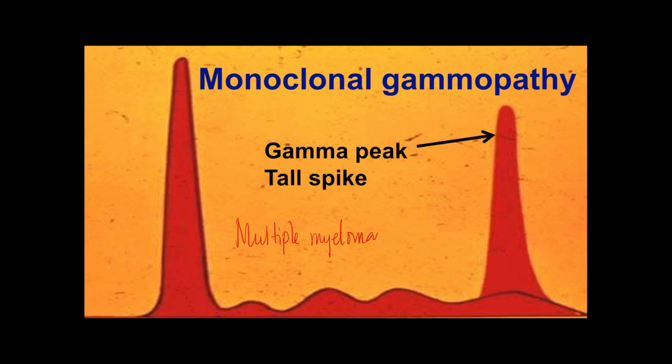So they are increased in numbers. That's why you can see an increased gamma region in the electrophoretic pattern. And another one, when we say monoclonal gammopathy, that indicates the secretion of exactly the same form of immunoglobulin, and you have this M protein present in your blood or your urine sample.